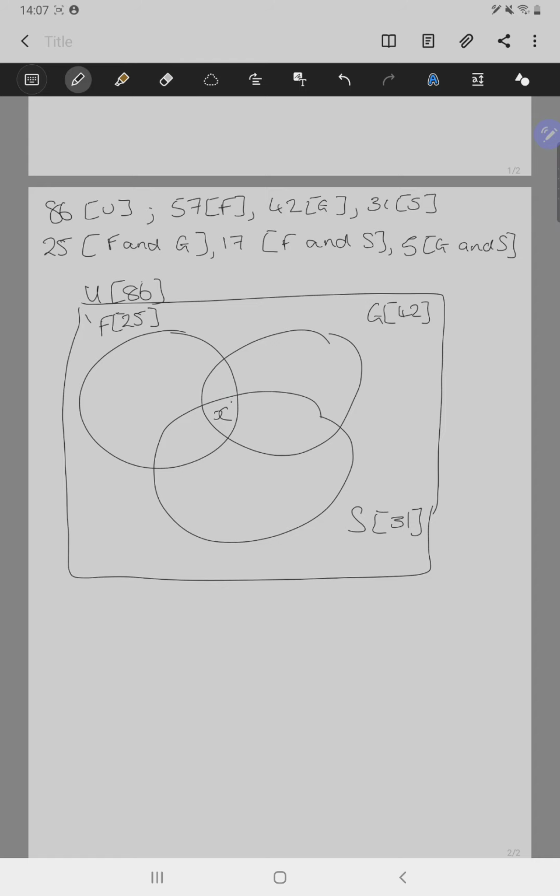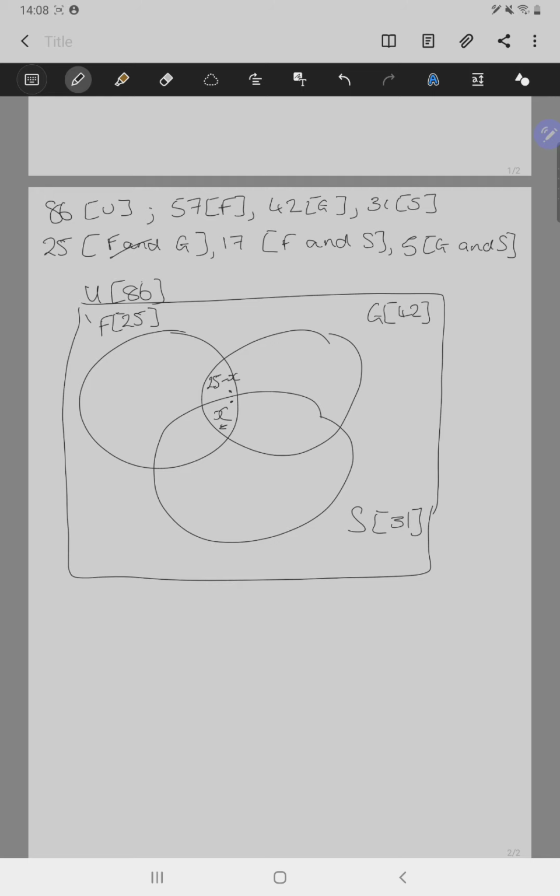We know that these two parts together have to add up to 25. So if this part down here is x, then up here it has to be 25 minus x, because we're subtracting the middle intersection from the total of that intersection. So that's that part.